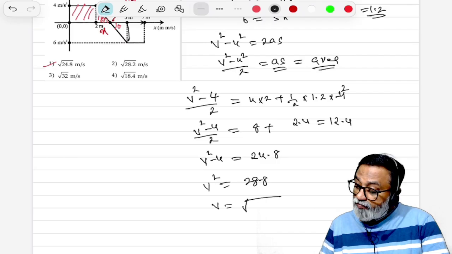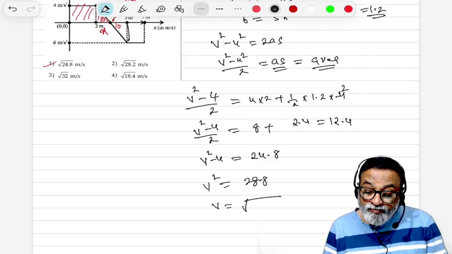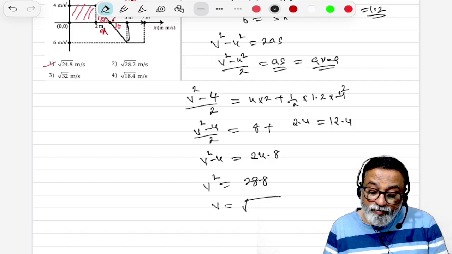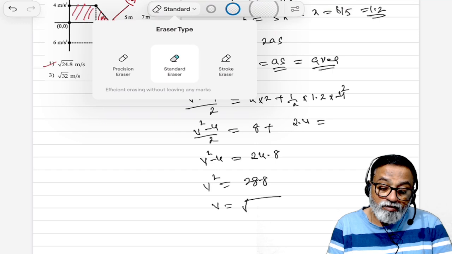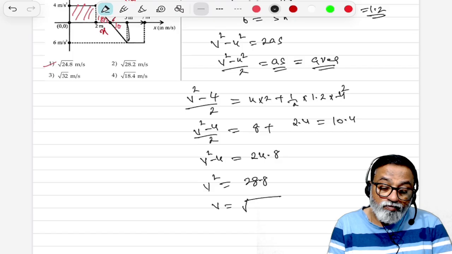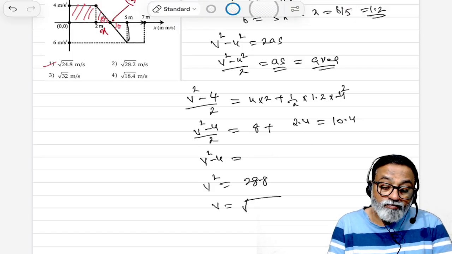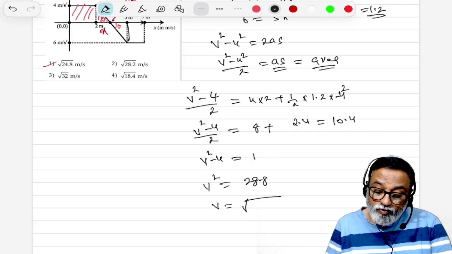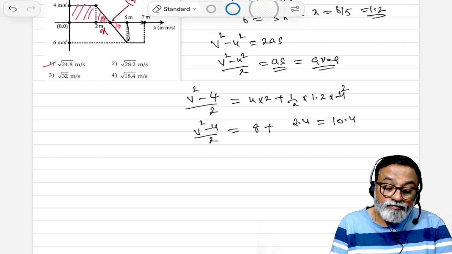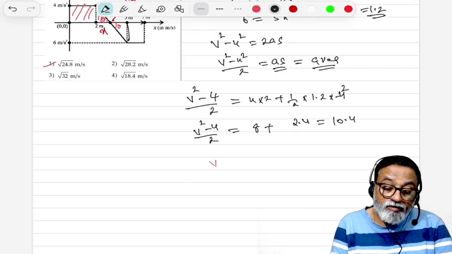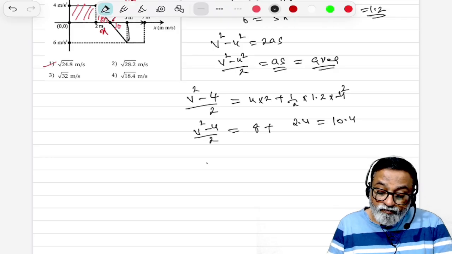Here, 2.4 plus 8 is 10.4. Here v square minus 4 is equal to 10.4 into 2, that is 20.8.